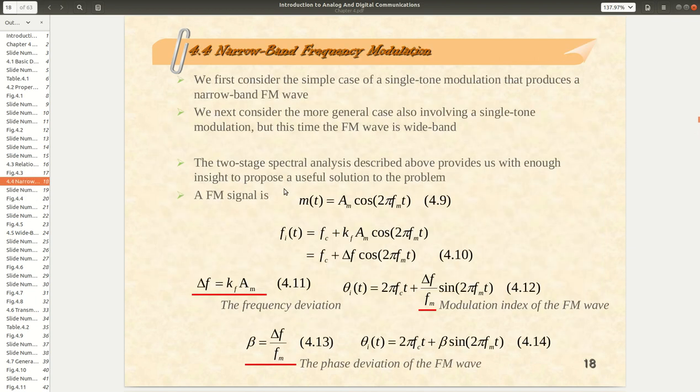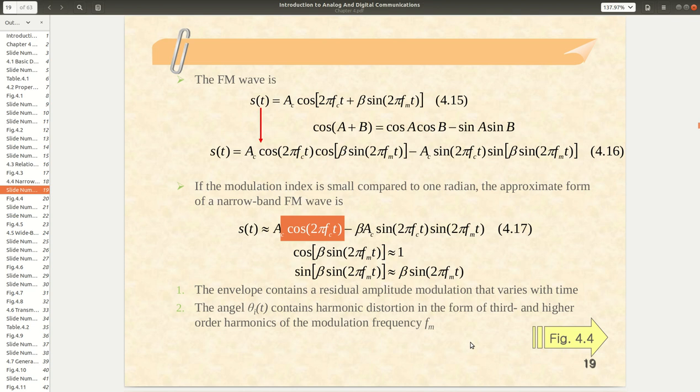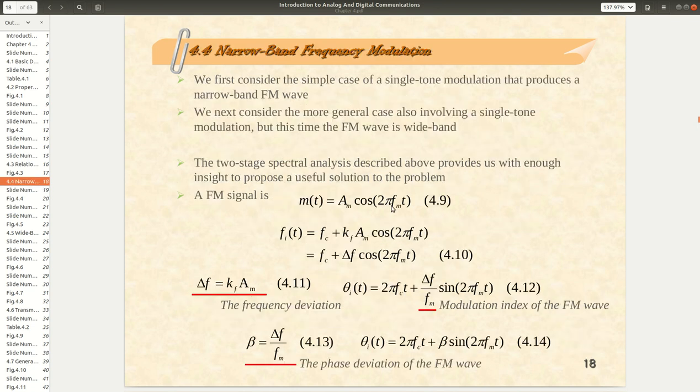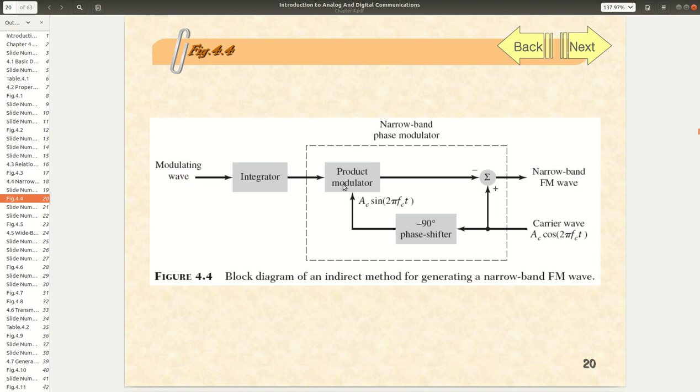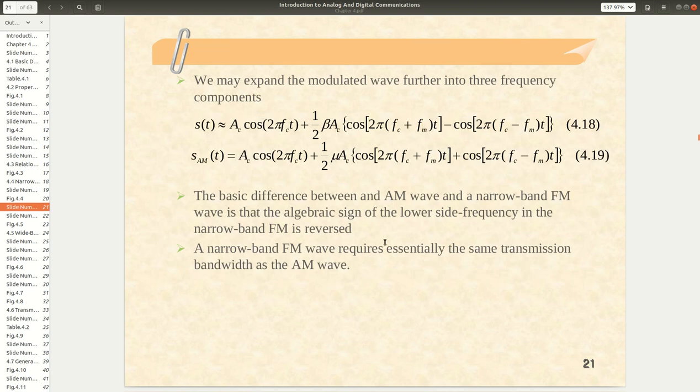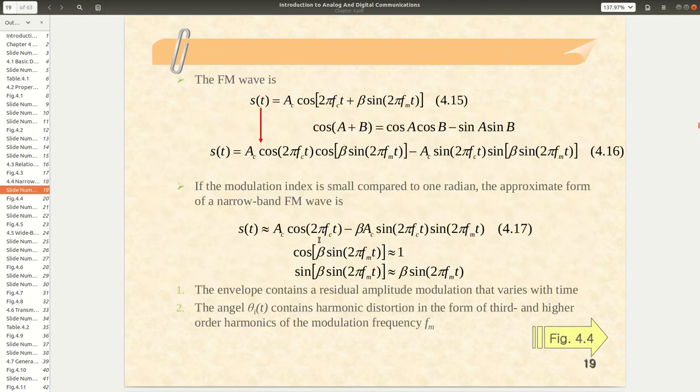Why? Because in the first signal we take the integration here, this is the integration. Okay, so I make a product modulator, I make the carrier wave here, the oscillator, cosine 2π f_c t A_c, plus, so this is this one minus beta A_c sine sine.